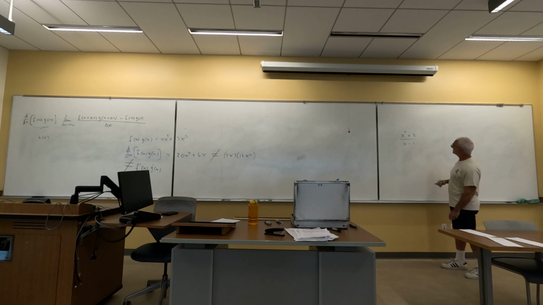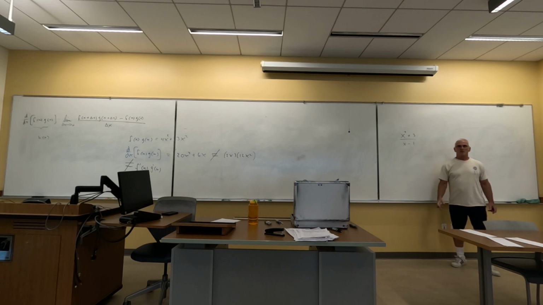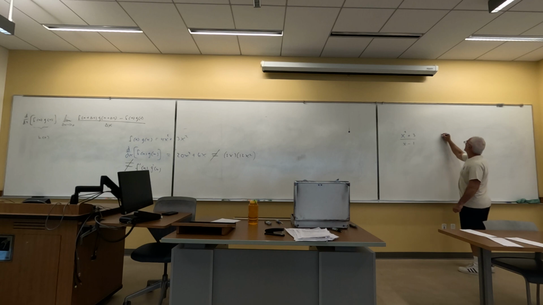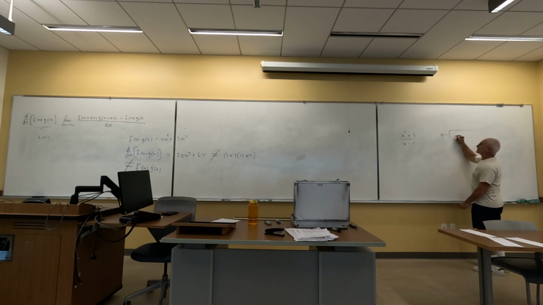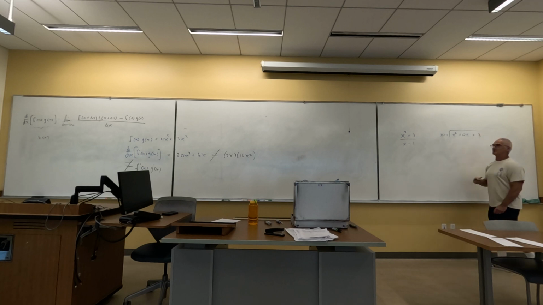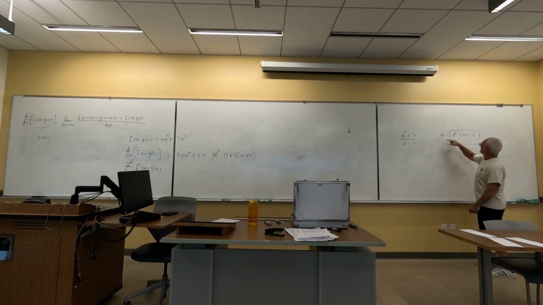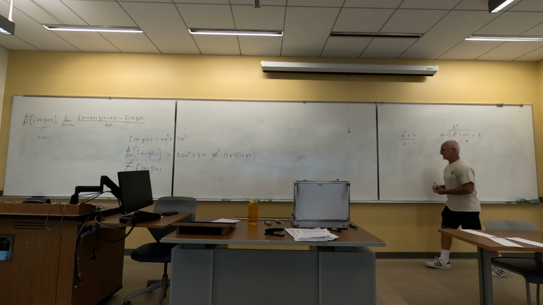Well, actually, yeah, I want to do this. I want to use synthetic or long division to do this. So let's start by doing long division first. So I have x minus 1 into x squared plus 0x plus 3. You guys remember this? So we'd say x into x squared, x times x is x squared, x times negative 1 is negative x.